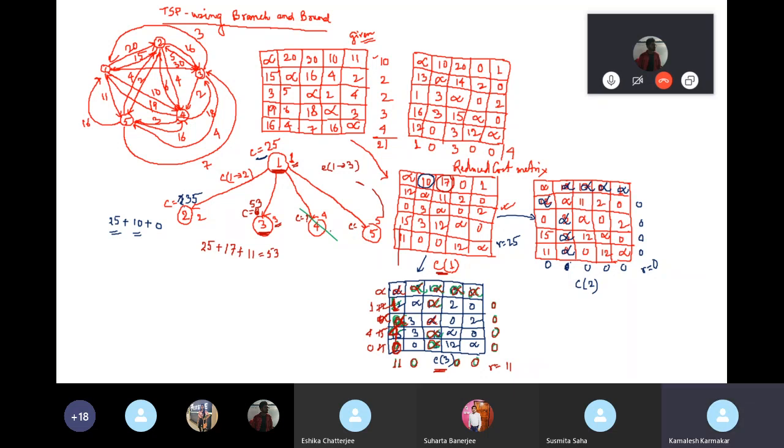Now among them, as I have taken this example from this book, I will just write it from the book. So what will be the cost of this one? The cost of C4 according to this book is 25.